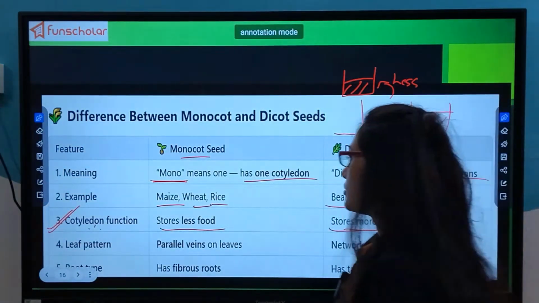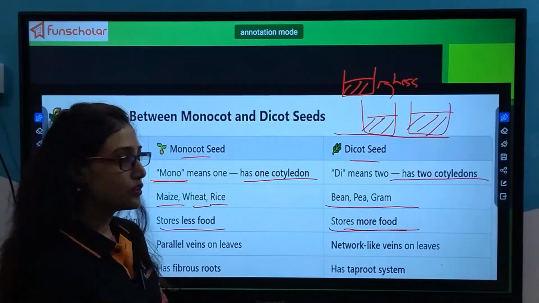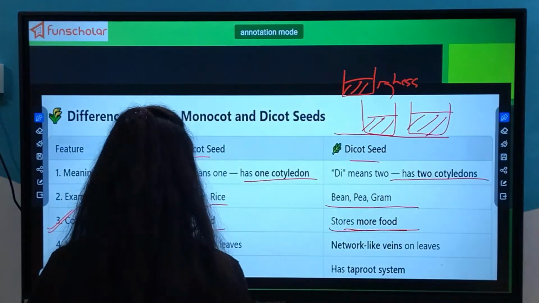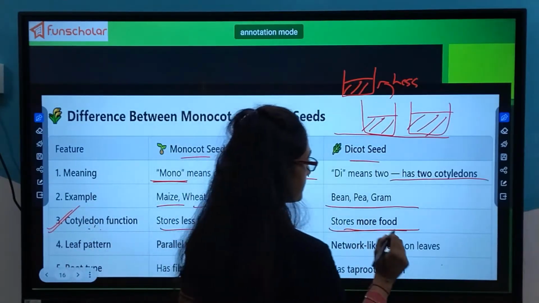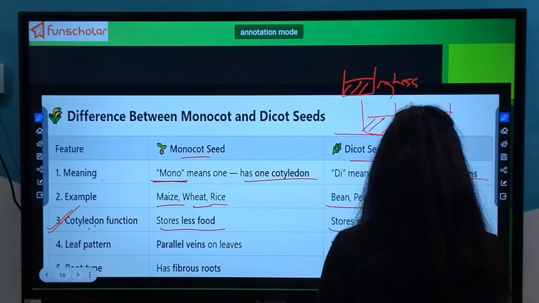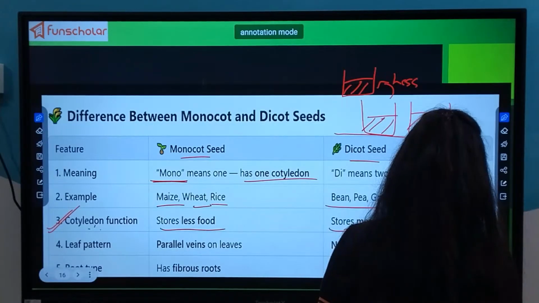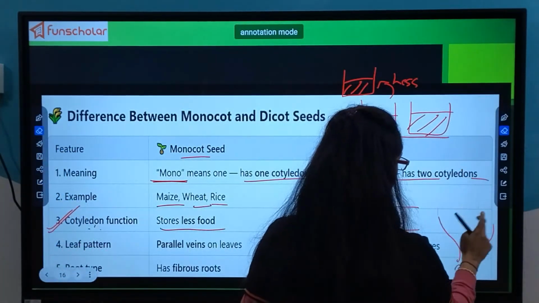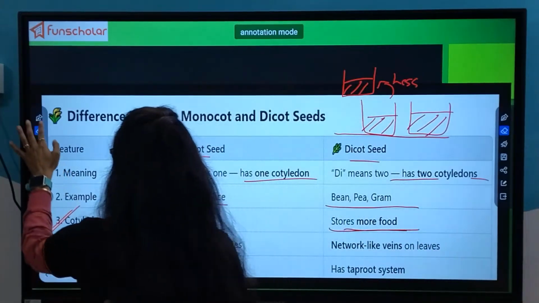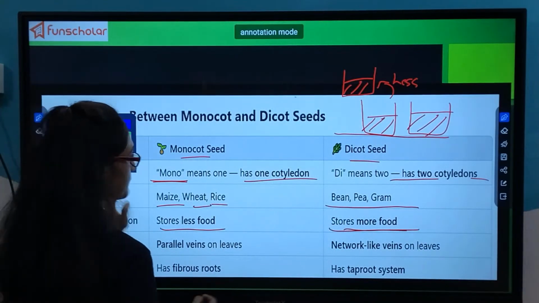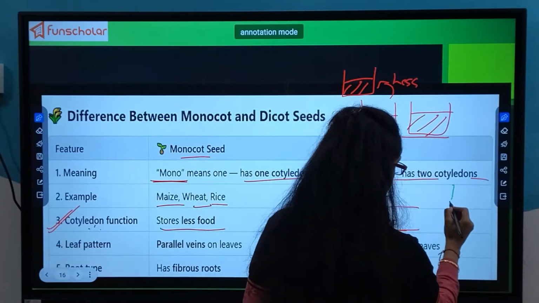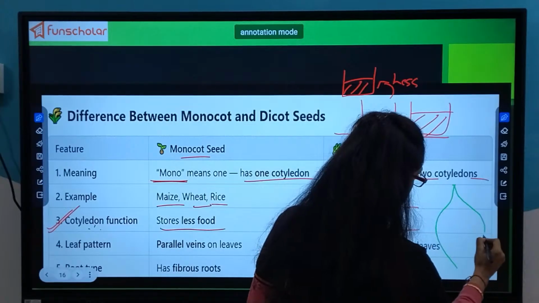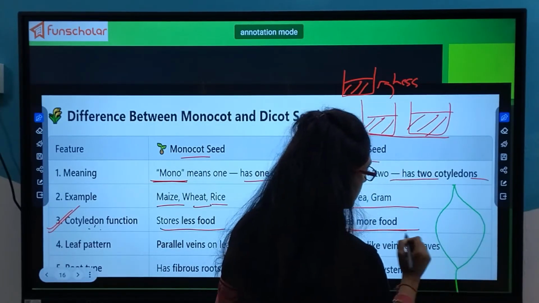Now leaf pattern. You have studied about the structure of leaf. So you know that leaves sometimes have, suppose this is a leaf, bad drawing.